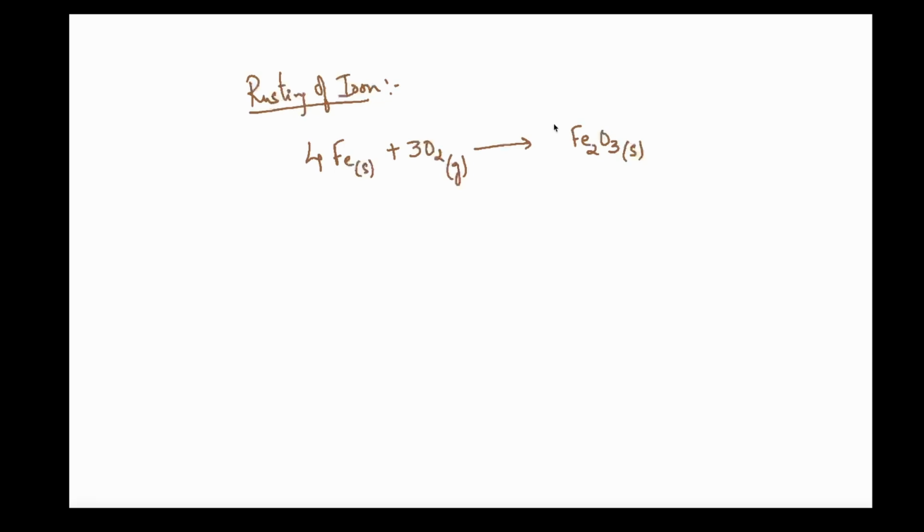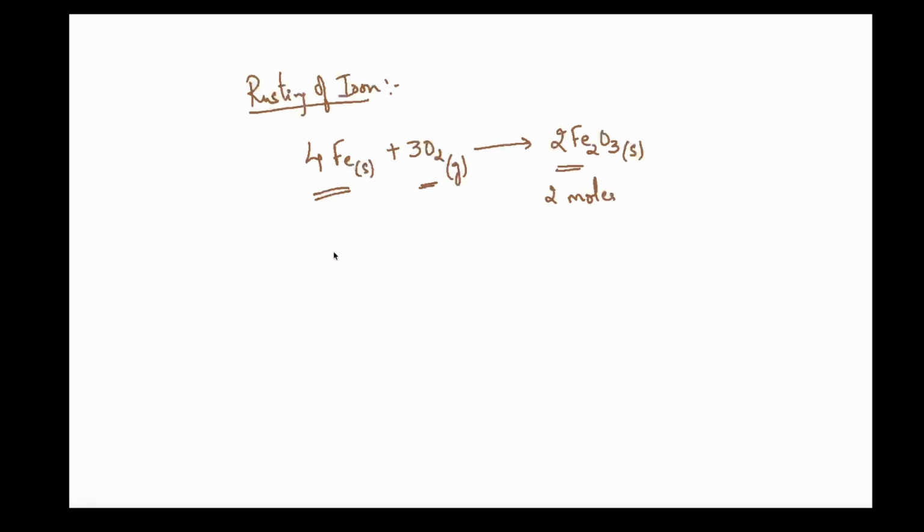So if I balance this equation, I'll have to put 2 here. So 4 moles of iron combines with 3 moles of oxygen present in the air to form 2 moles of iron oxide. Okay, now let us see why this reaction classifies as a redox reaction.